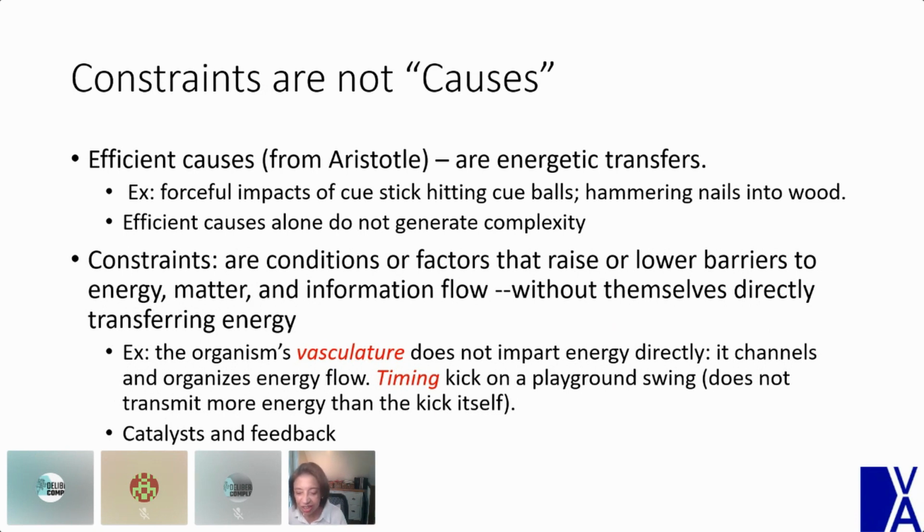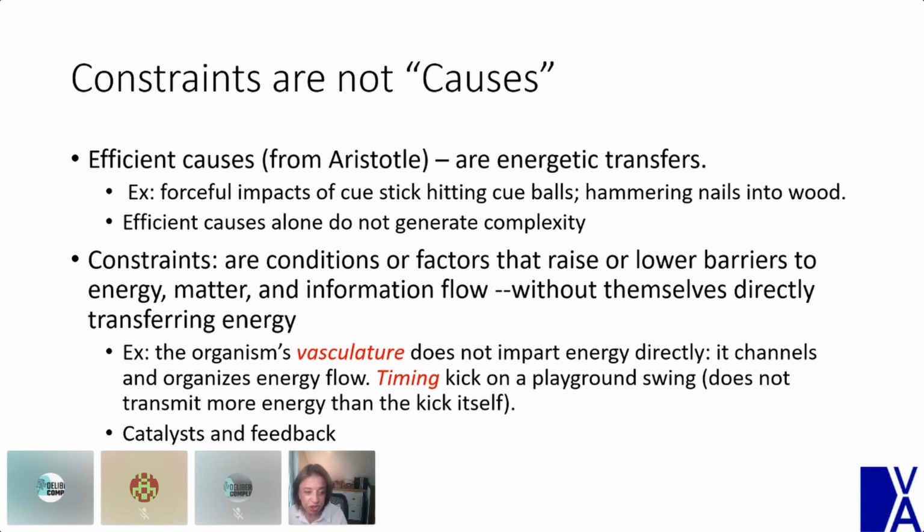Whenever people get stuck and they find they can't identify mechanical Newtonian causes for totalities, they slip into terms like conditions or factors. So let's call constraints conditions that raise or lower barriers to energy, matter, or information flow without themselves directly transferring energy. So that's what makes them different from efficient causes.